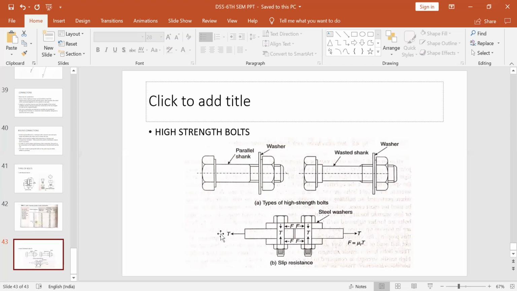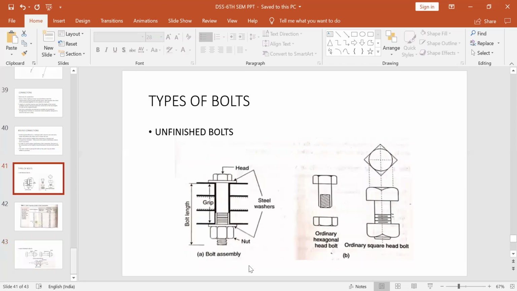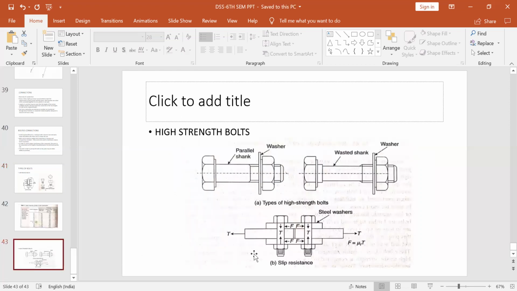In case of the earlier bolt, there was slip, because load transfer was not through friction. Load transfer was through shear or maybe bearing. But here, mostly 90% of the load, or more than 90% of the load, is transferred by friction. And friction will only occur if there is proper interface connection between the two members. So there is no question of slipping here. Slip of the bolt will not occur. Hence, this is always preferred. This is the main criteria here.